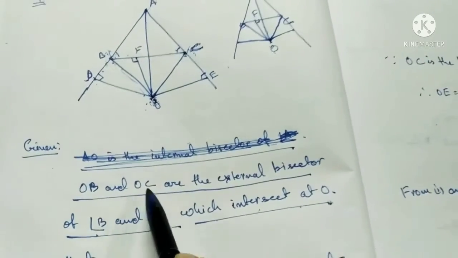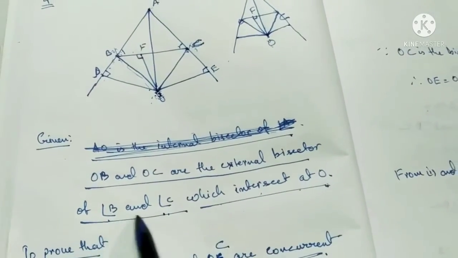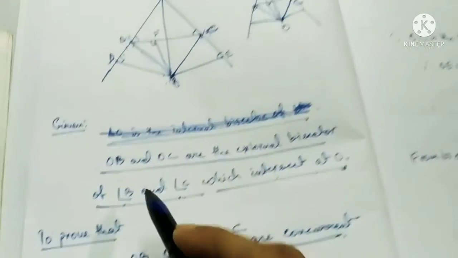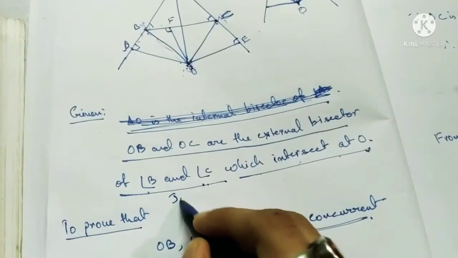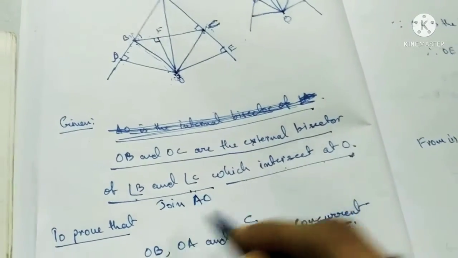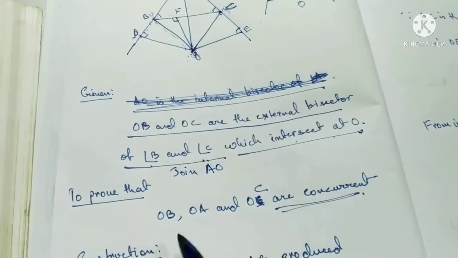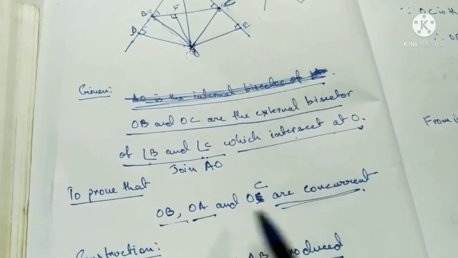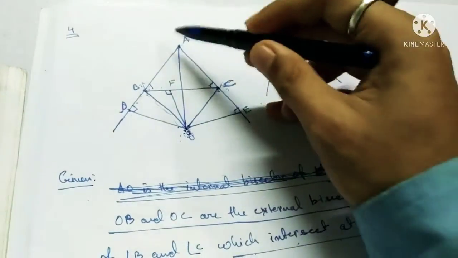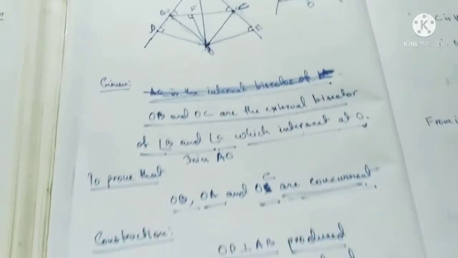Given: OB and OC are external bisectors of angles B and C which intersect at O, and join AO. To prove that OB, OA, OC are concurrent. That means they meet at a point.